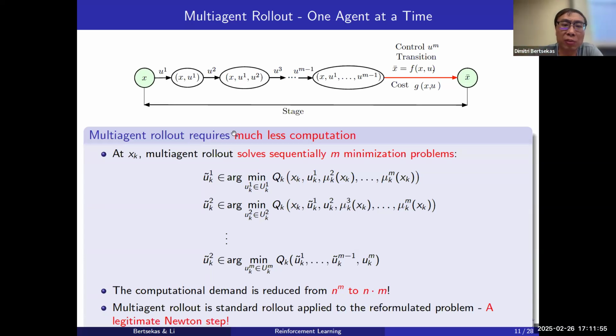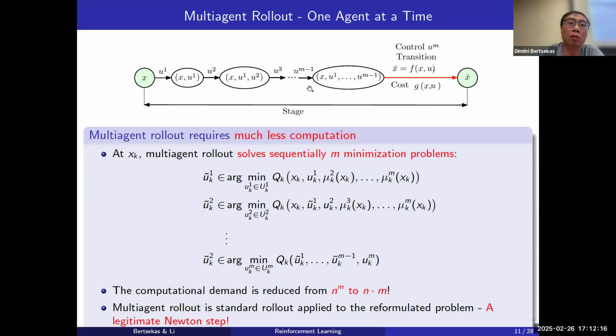By equivalent, if you mean that standard rollout applied to this unfolded problem is multi-agent rollout, then I agree. Standard rollout, remember, means that at a state, you select all controls and run the base heuristic.